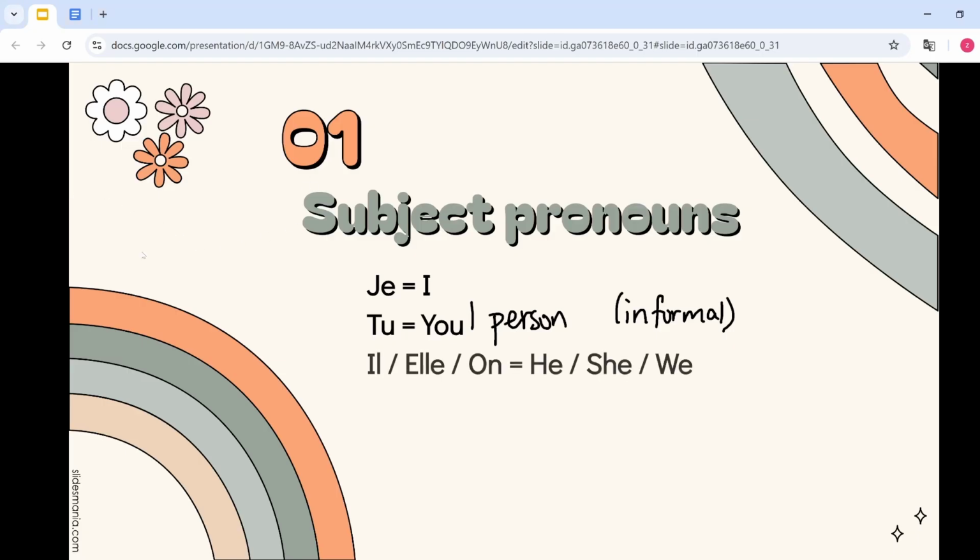Moving on, we have il, elle, on. So this group contains 3 different words. They don't mean the same thing. Il is he, so this is for a male person. You're talking about someone else who is a male. Elle is she, so we are talking about a female, feminine. And finally we have on, which in most cases means we.